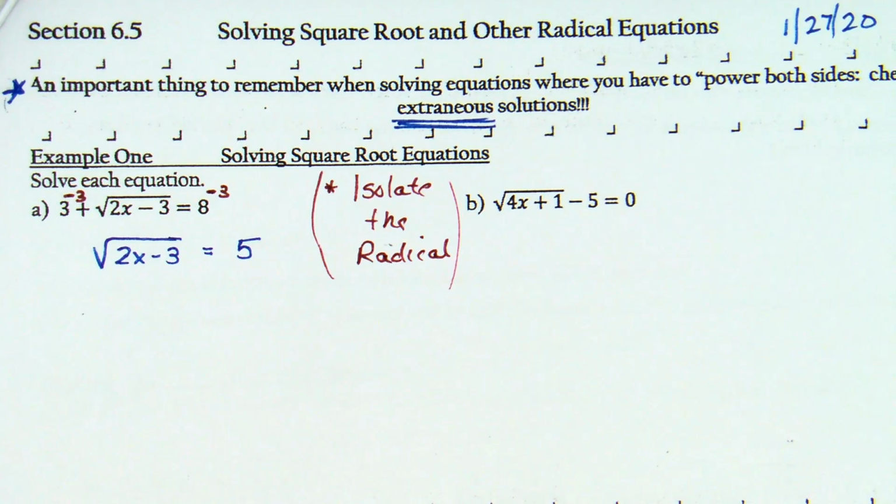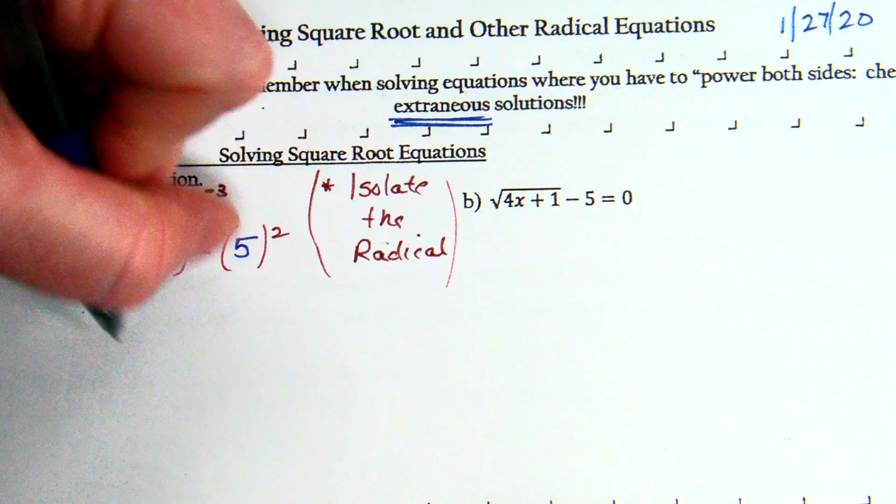So if we square the left side of the equation, square the right. What is the square root of 2x minus 3 squared? 2x minus 3. What is 5 squared? 25.